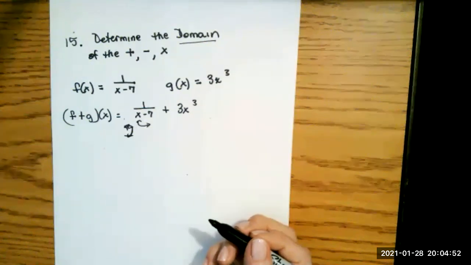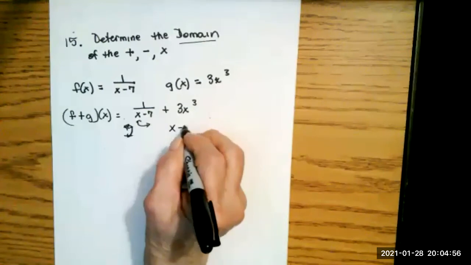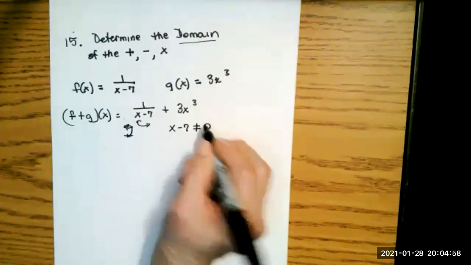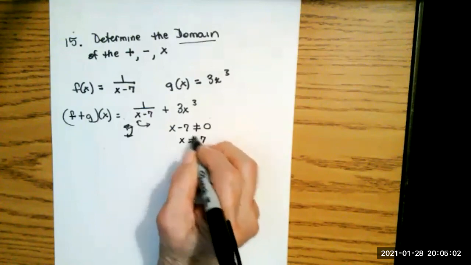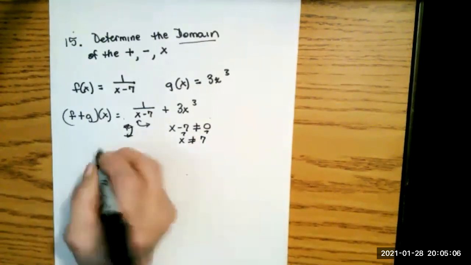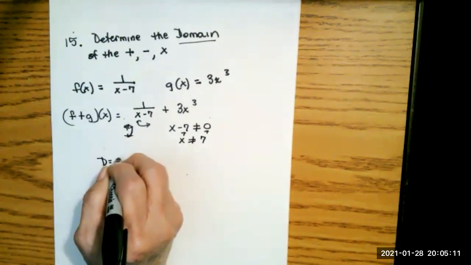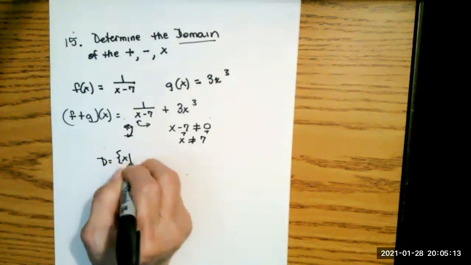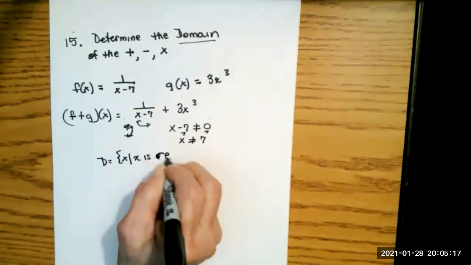So when I add these together, I've got to consider that fraction. So I'm going to take that denominator and set it not equal to 0. So my x is not equal to 7 when I add 7 to both sides. So when I write my domain, I think it might be in set notation form. X is a real number.